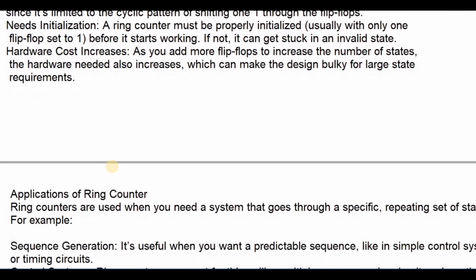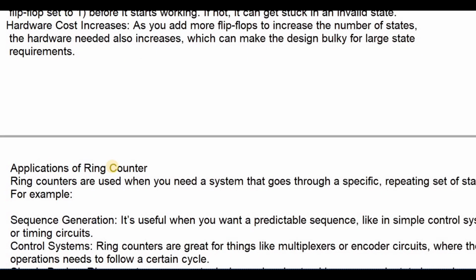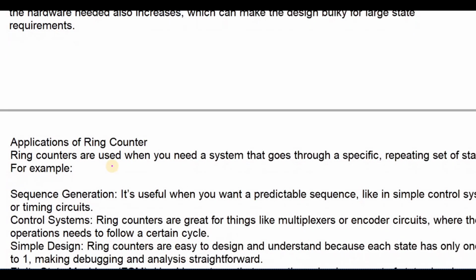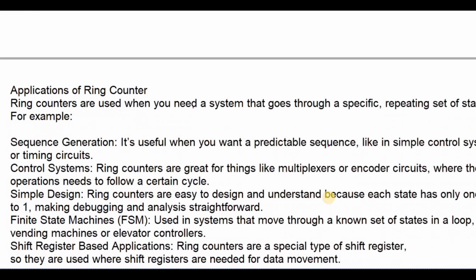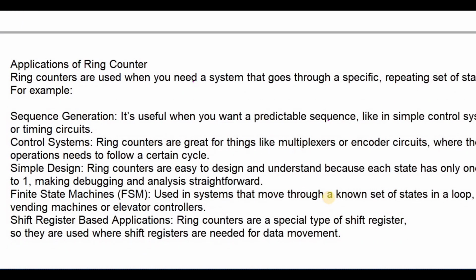So now let us discuss the applications of the ring counter. It is used when you need a system that goes through a specific repeated set of states. For example, it is used in predictable sequences, such as simple control systems or timing circuits.